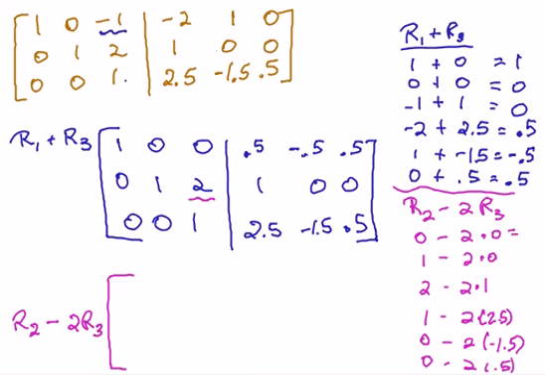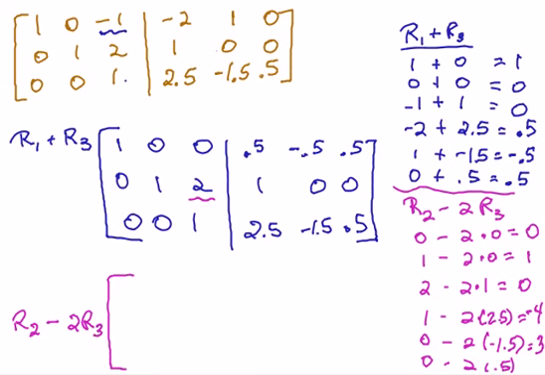Okay, so 0 minus 0 is 0. 1 minus 0 is 1. And 2 minus 2 is 0. There's that 0 that we wanted. 2 times 2.5 is going to be 5, and 1 minus 5 would be negative 4. 2 times negative 1.5 would be negative 3, and then 0 minus negative 3 is positive 3.